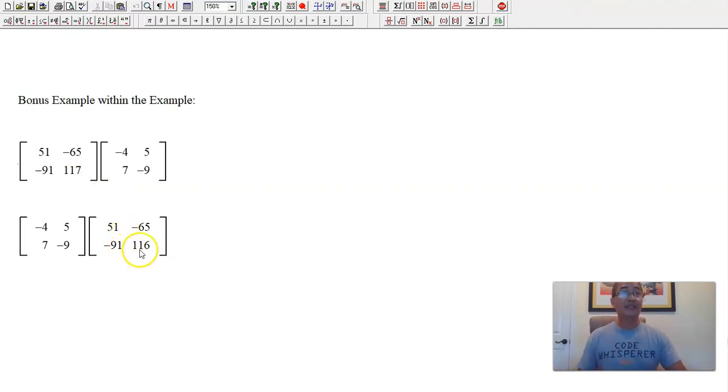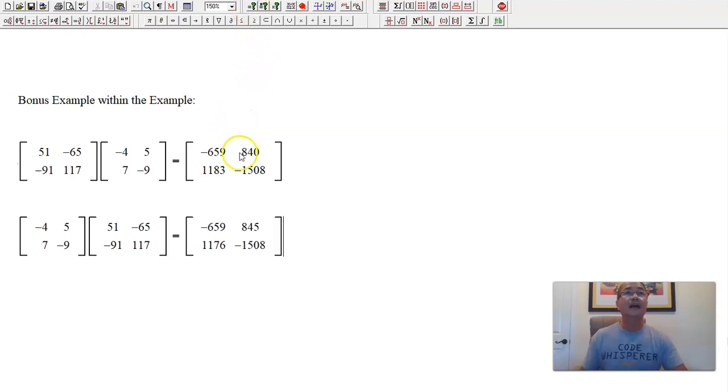That's not A squared anymore. So, let's turn that into 117 as well. What is the product in that order? Okay, big scary numbers. Will we still get that same answer if we change the 116 to 117?